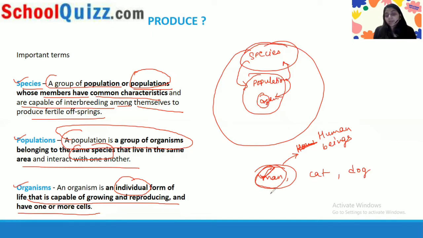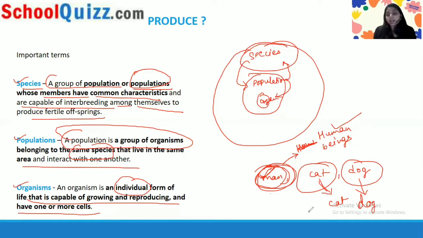The population of man, woman, children, and babies of the human being is a population of the same species, which is the human beings. And cat is the population of the same species of the cat, and dog is the population of the same species, which is dog.